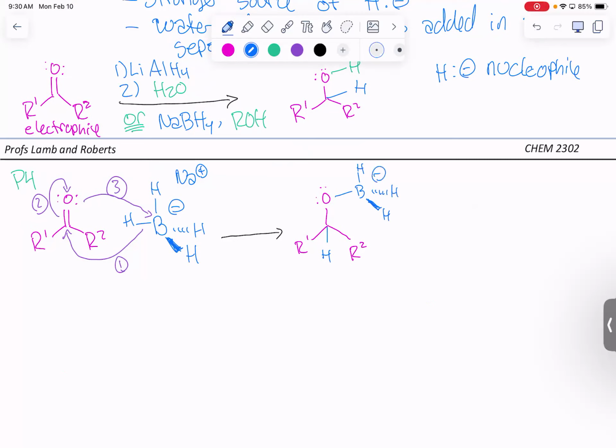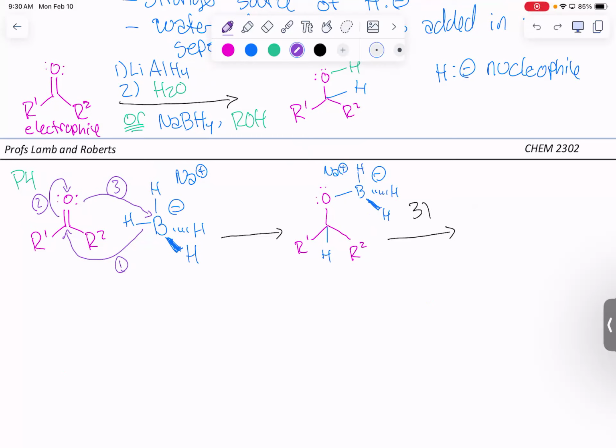So that's still negatively charged. And then we carry our counterion through. All right, so at the end of the day, this is going to happen 3 times. This boron is going to go ahead and attack another equivalent of a carbonyl, et cetera, right? This is going to happen over and over and over again.